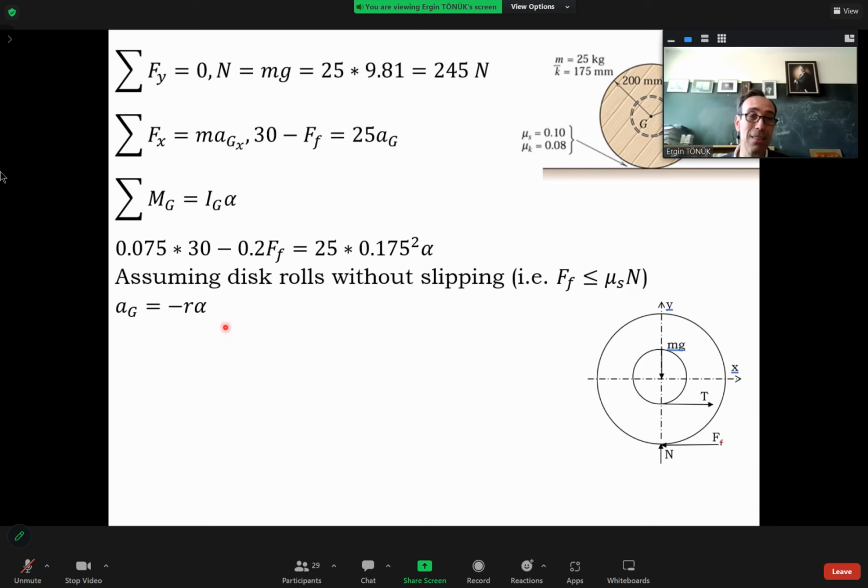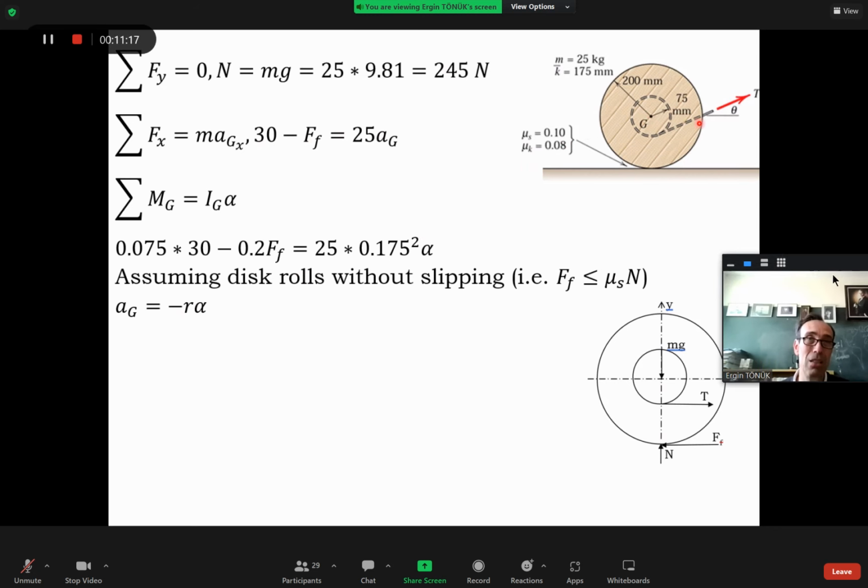Am I right? Acceleration of the mass center should be r alpha, but actually this is the x component, which is this. And since alpha is counterclockwise, actually I should have a minus sign in the front, okay? Alpha is like this, but positive AG direction is like that.